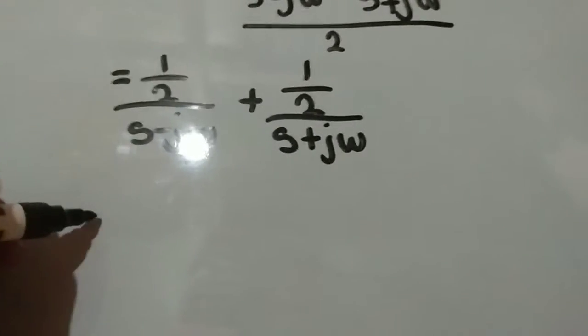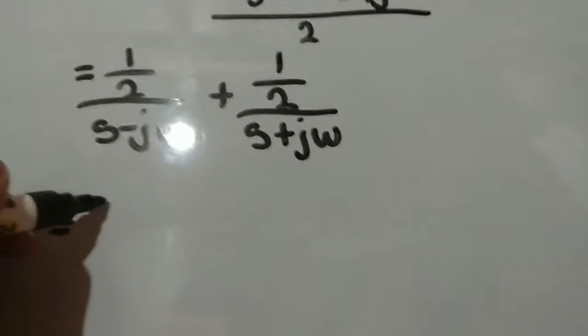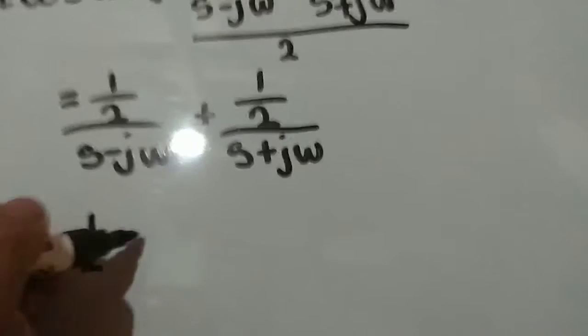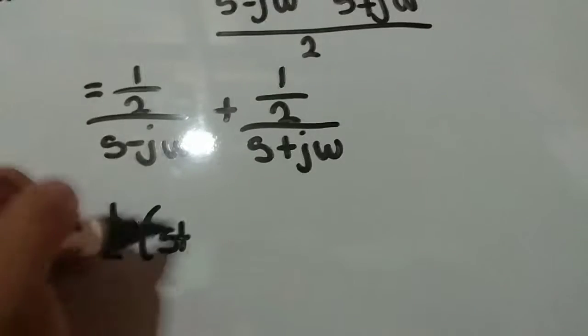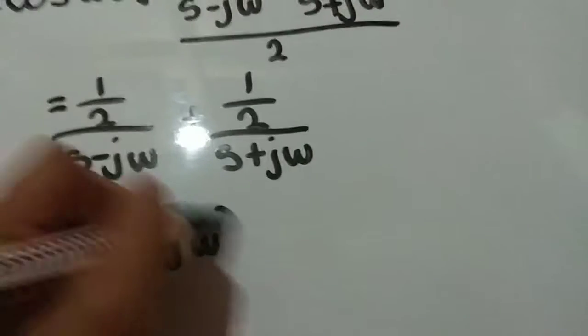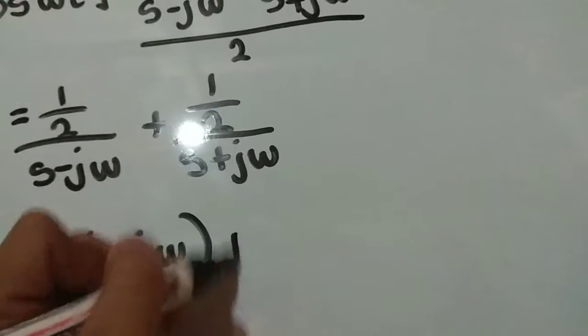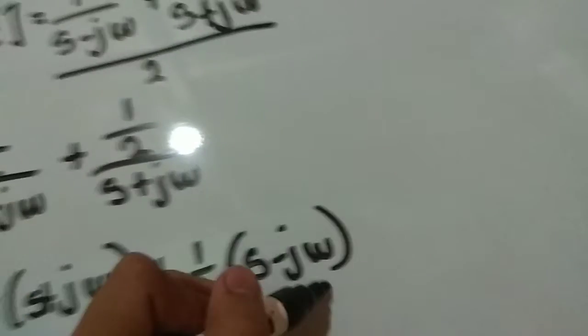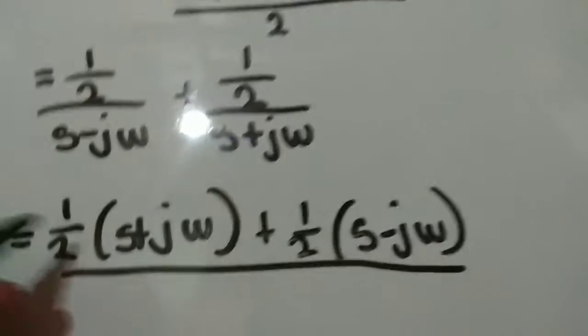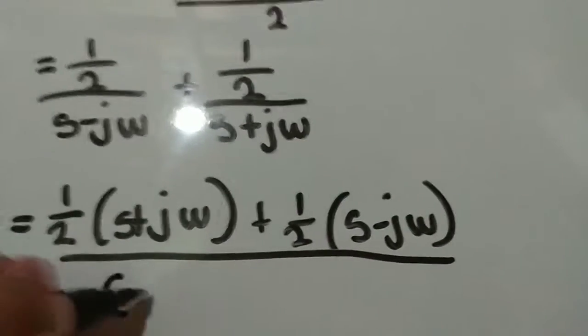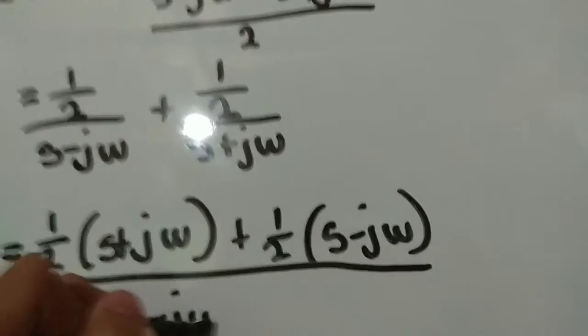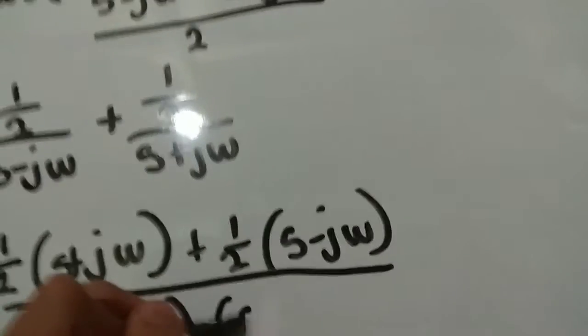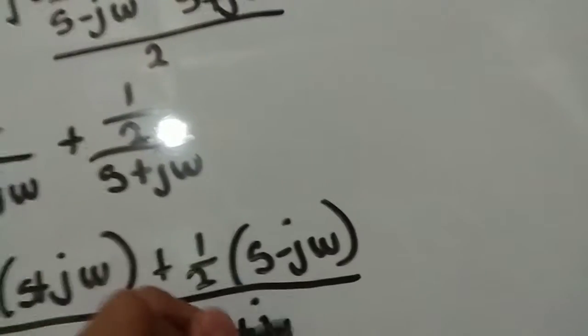Cross multiply, so 1 half times s plus j omega plus 1 half times s minus j omega, all over the product of s minus j omega and s plus j omega.